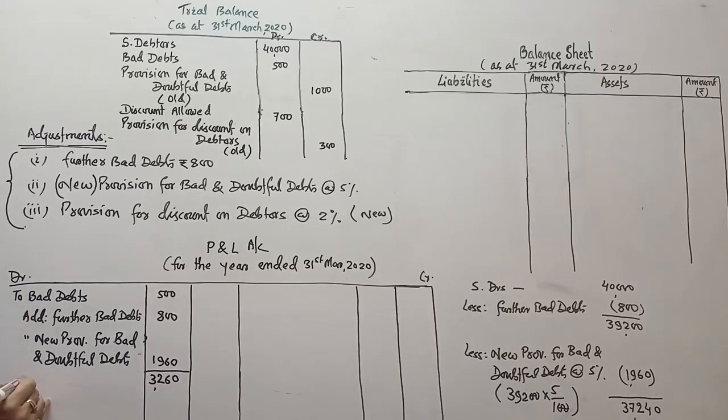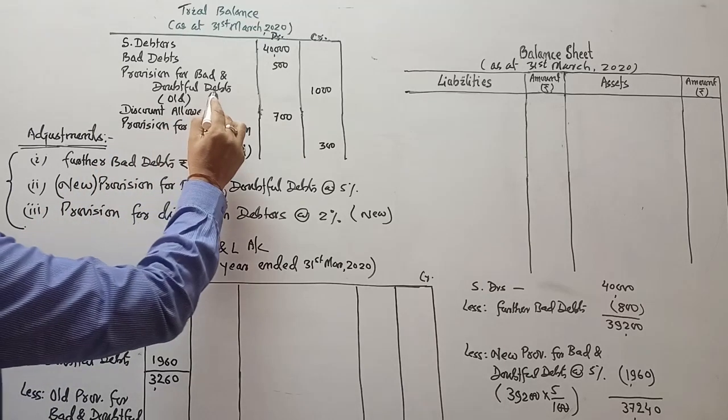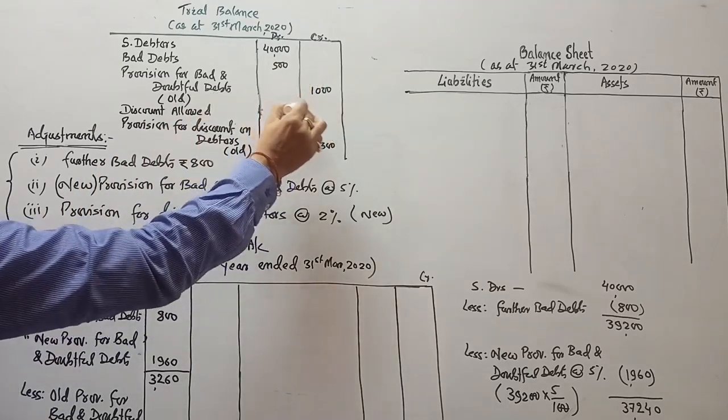3,260. Less, you deduct the old provision for bad and doubtful debts. Old provision for bad and doubtful debts is given where? This is given in the trial balance.